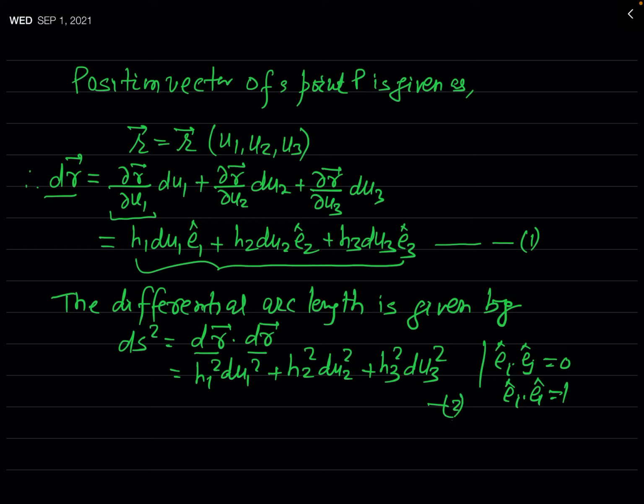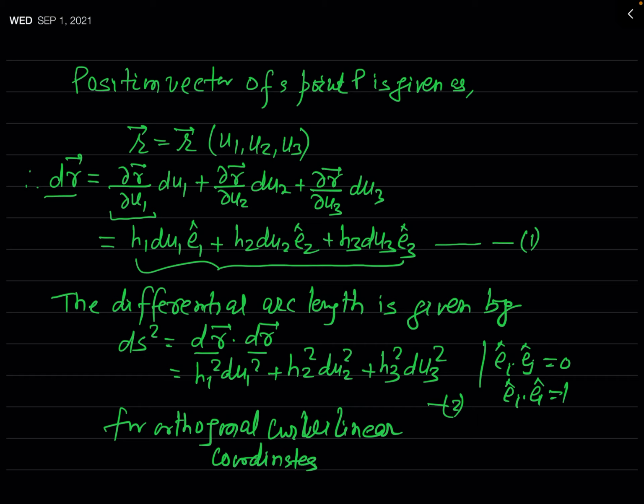Now for general curvilinear coordinates, when we find this dr vector, this result actually holds for orthogonal curvilinear coordinates, because in case of orthogonal curvilinear coordinates, ei dot ej is equal to 0 when i is not equal to j.